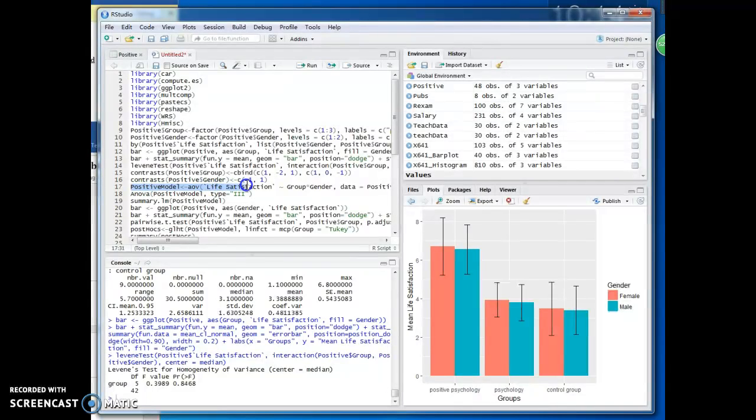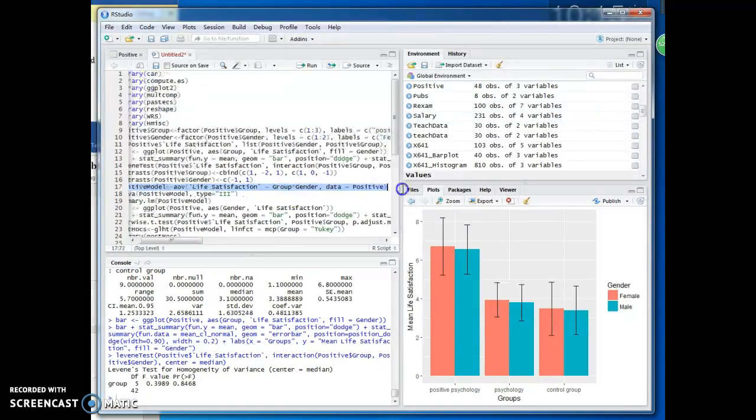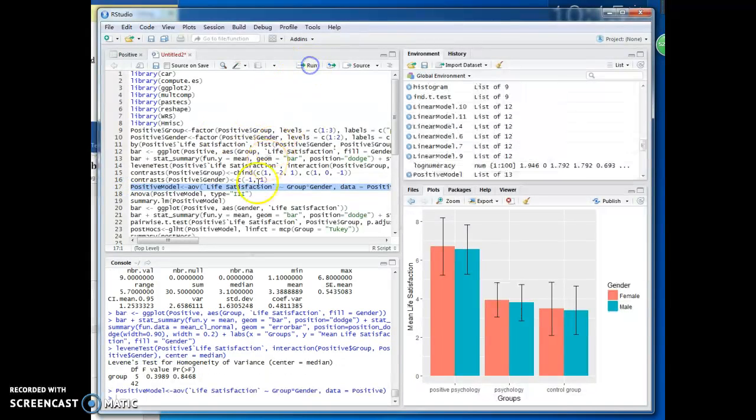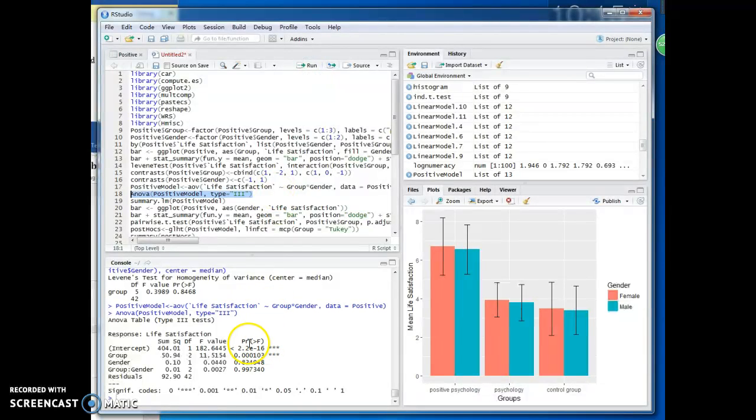So in this function, we want to create the model. We name it positive model, and include the outcome variable life satisfaction, and right here we put our 2 independent variables. Then we use the ANOVA function with type 3, so that we got these results.